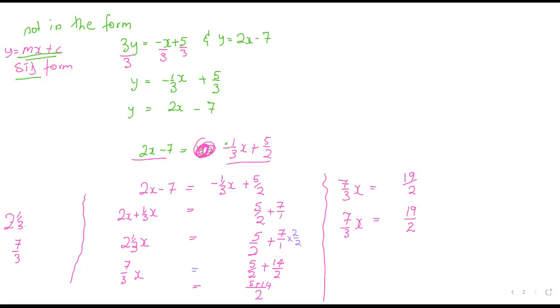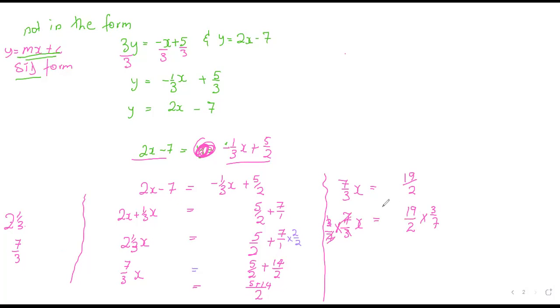Now, we get rid of that. We multiply here by 3 over 7. The same this side, we multiply by 3 over 7. This will drop with that. And this will drop with that.